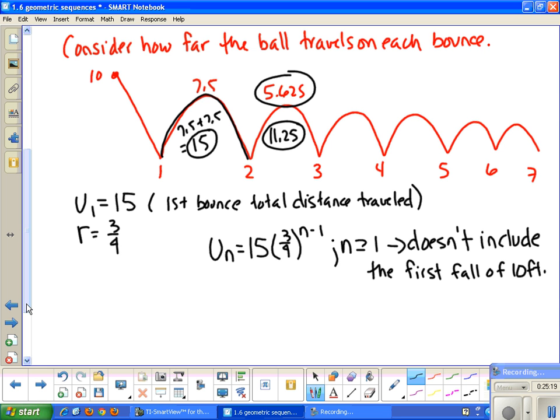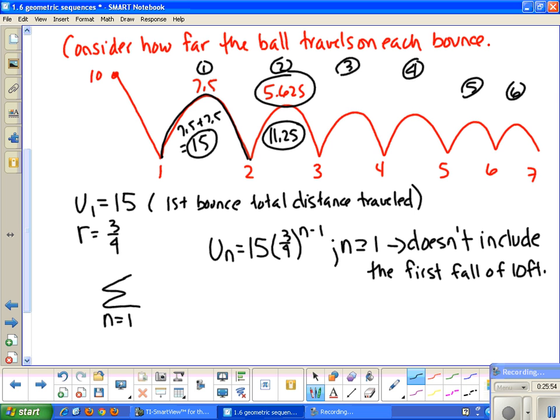So basically what I'm trying to do is find the sum from the first bounce, n equals 1, to when it hits the floor for the 9th time. So if it hits the floor for the 9th time, this would be the first time it hits the floor, 2, so this is bounce 1, this would be bounce 2, this is bounce 3, this is bounce 4, 5, 6, and we have 2 more bounces before it hits the floor for the 9th time, so actually it's going to 8 and not to 9.